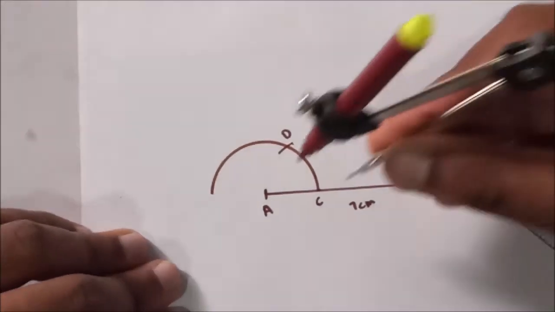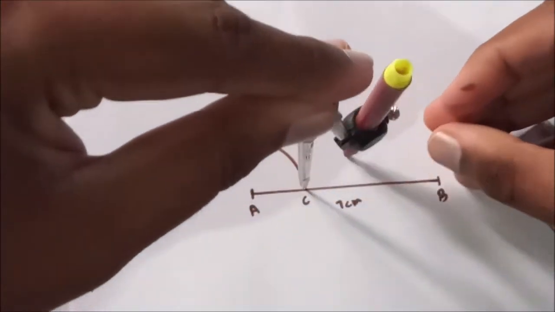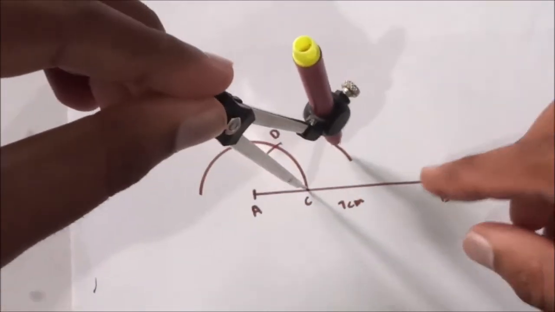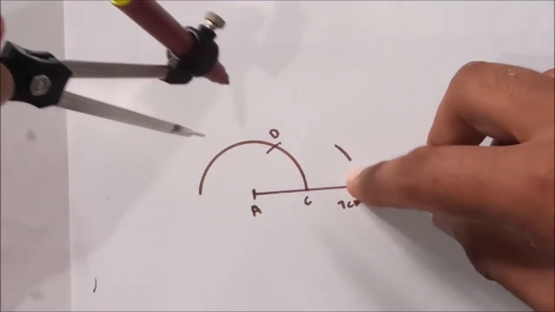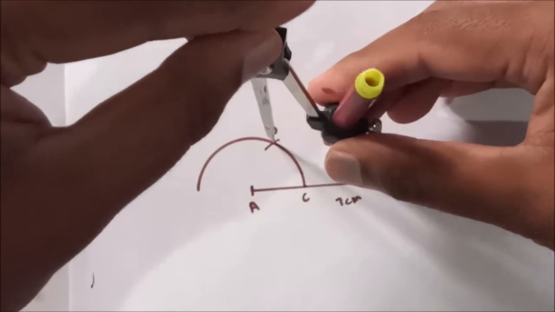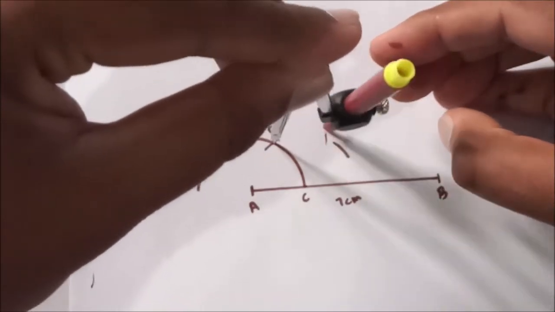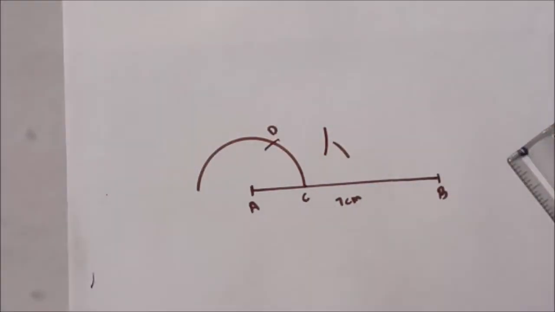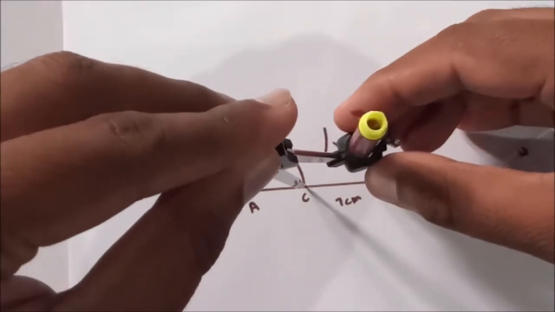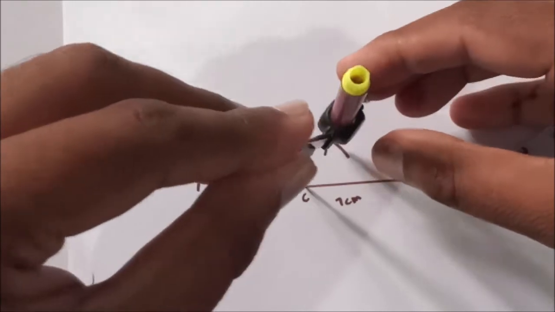Again from C, draw an arc inside, pointing over here. From D, draw an arc. Sometimes these two arcs may not bisect each other, so extend the arcs a little more.